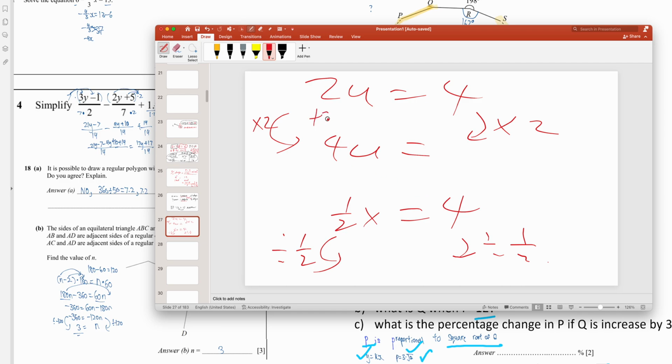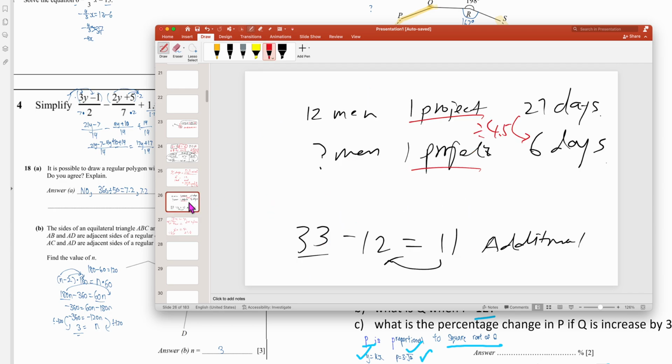Times 2. You use times 2, right? So, can you see proportionality is always either times or divide. So, therefore, you need to know that this is a proportionality question.